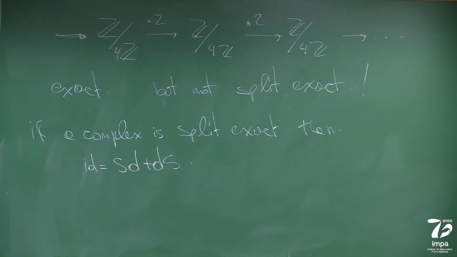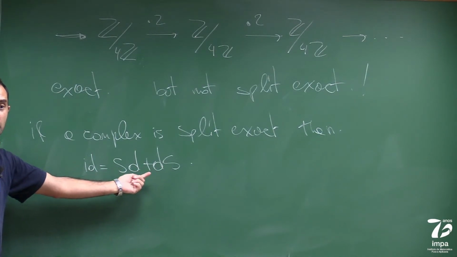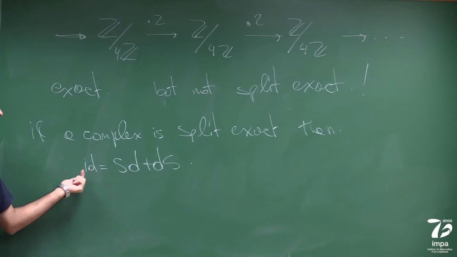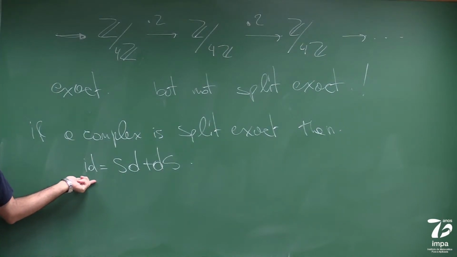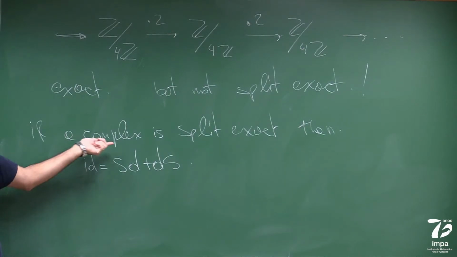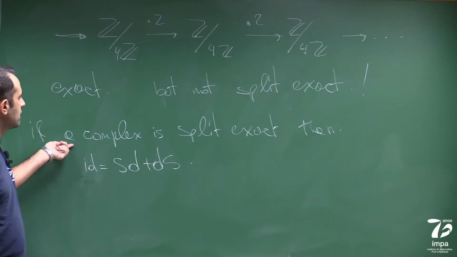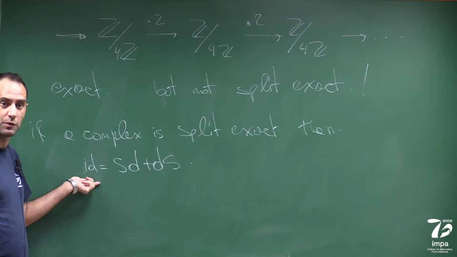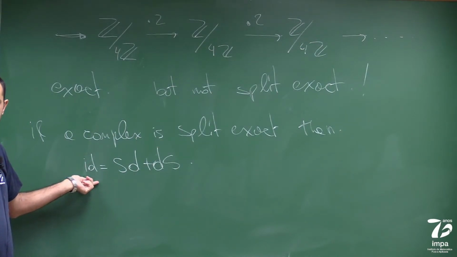It's easy that if this is true, then your complex is split exact. The identity is split because we're assuming that we have a splitting, this S. And it's exact because this proves that the identity induces the zero mapping on homology. And the identity always induces the identity mapping on homology. So if the identity is 0, then it has to be that the homology is 0. The converse is also simple, that if you have a split exact complex, then you're going to find that this guy here is invertible. And once it's invertible, you can just normalize it to be the identity.